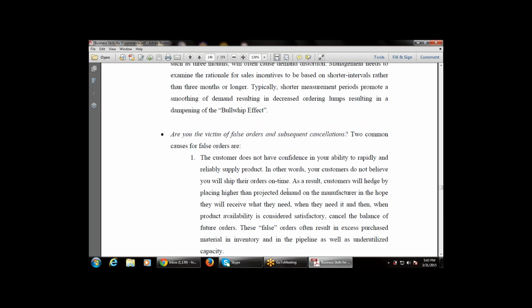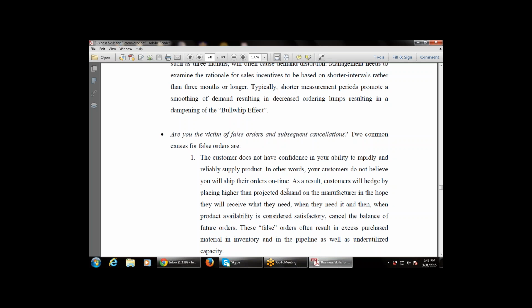Two common causes are, first, that the customer does not have confidence in your ability to rapidly and reliably supply product. In other words, your customers do not believe you will ship their orders on time.